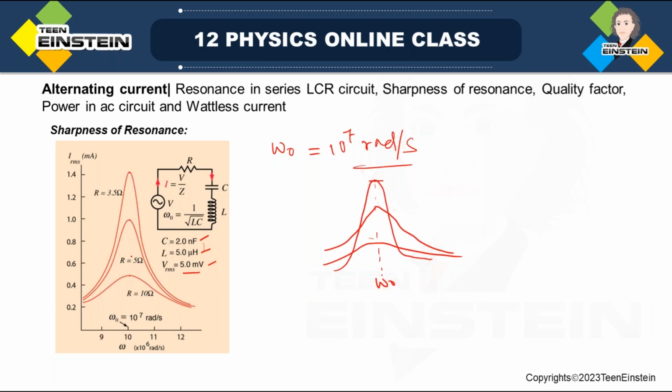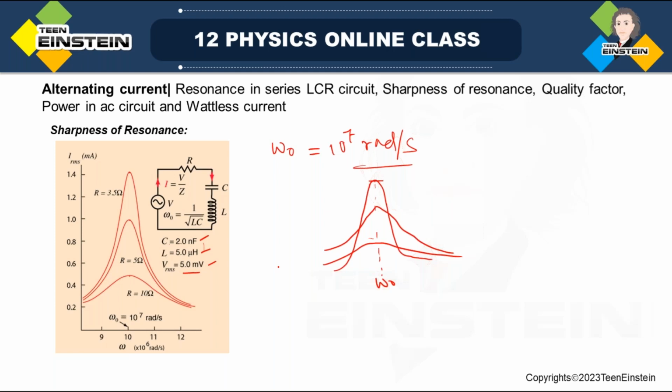This particular nature is called sharpness of resonance. Sharpness of resonance can be defined in terms of a factor called quality factor.